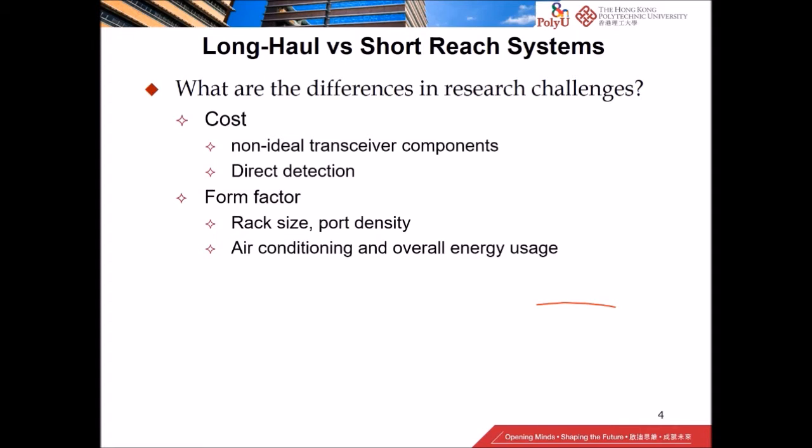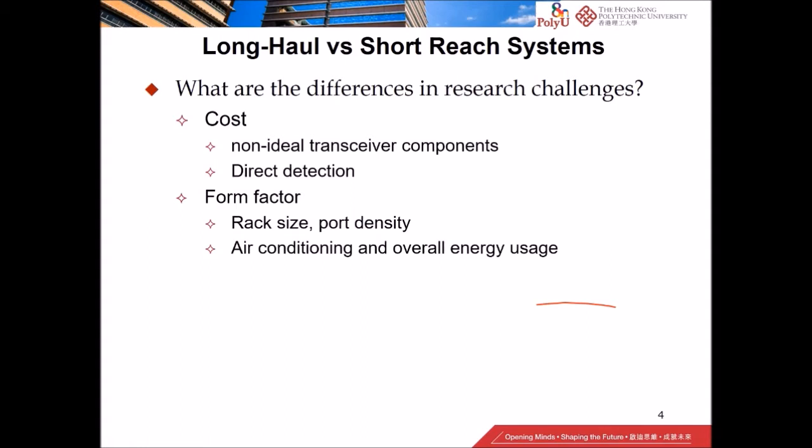That is a very sensitive, big parameter for short-reach data center design, because if you take a bigger picture point of view, the size of the overall data center depends a lot on the port density and rack size, and we need a lot of air conditioning for these data centers. So the size of your components translates into the size of your data centers, which translates into the energy usage for air conditioning and maintenance, and the overall energy usage can be quite huge.